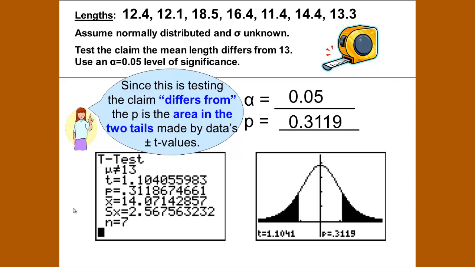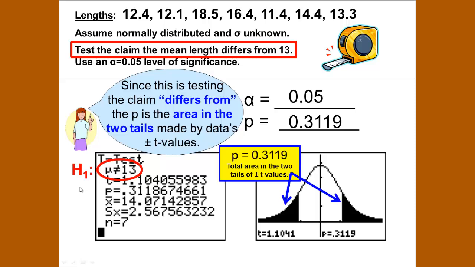Since this is testing the claim differs from, the p is the area in two tails made by the data's plus or minus t-values. And we can see that in our t-test to clarify that, and in our claim. And our p-value equals 0.3119, which is the total area in the two tails of the plus or minus t-values.